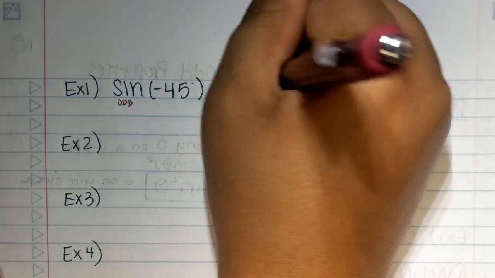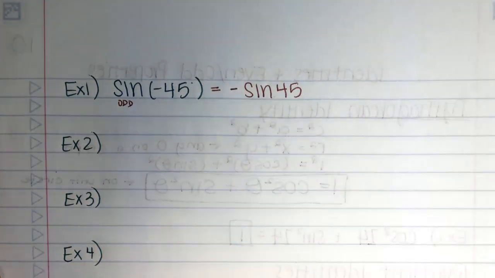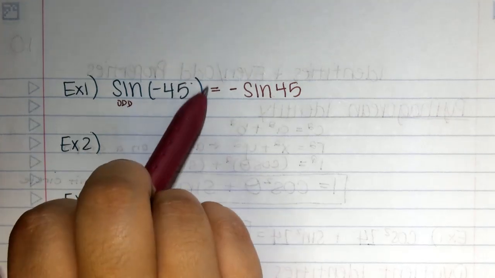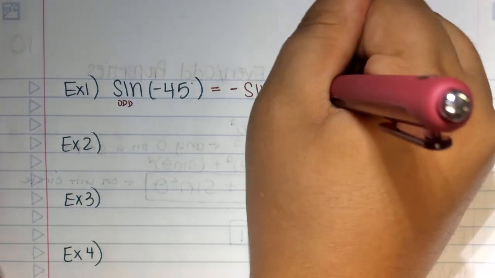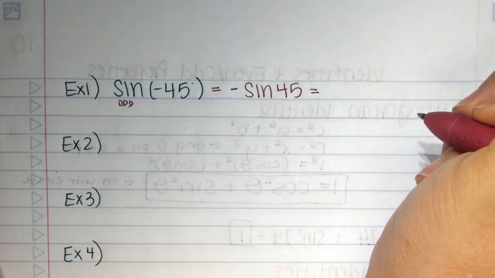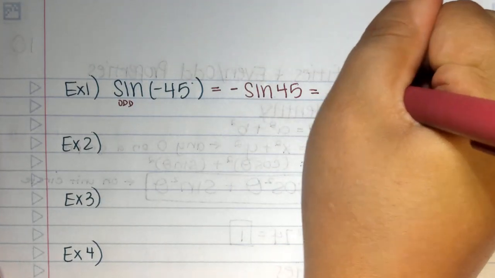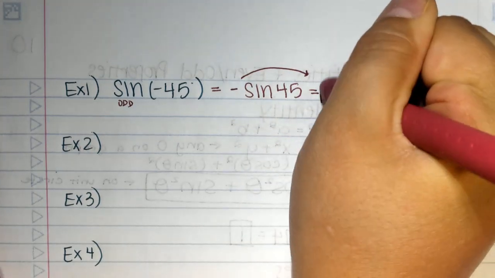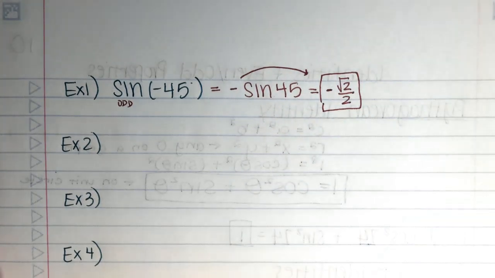It goes out front. If it's odd, the negative goes out front. What is the sine of 45? And then what do I need to do with this negative? Put it out front, and that is my answer.